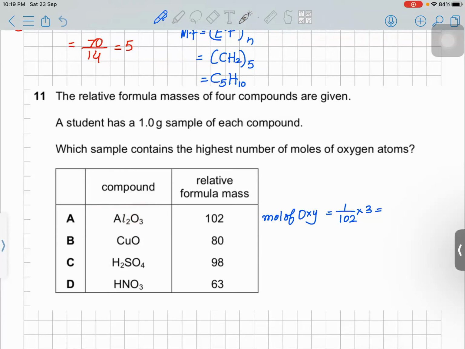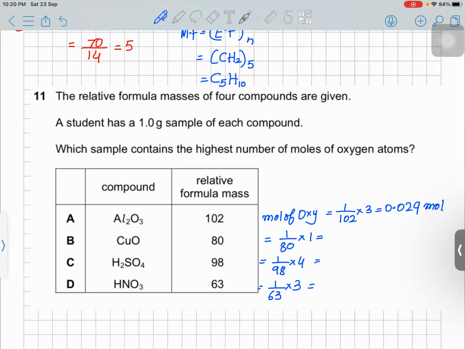Yes, sir, you got 0.029 mole. Now, mole of oxygen in it, 1 divided by 80, multiply by 1, because you have 1 oxygen. 1 divided by 98, now you have 4 oxygen. 1 divided by 63, multiply by 3.